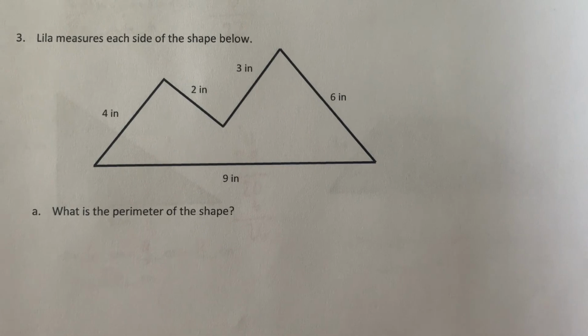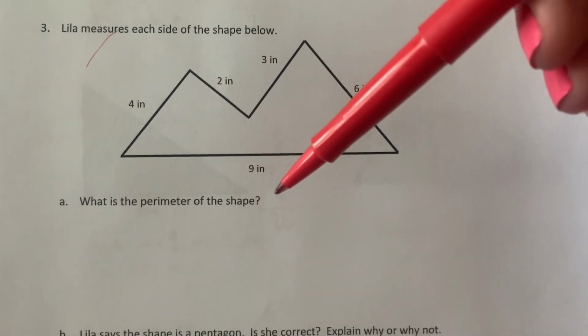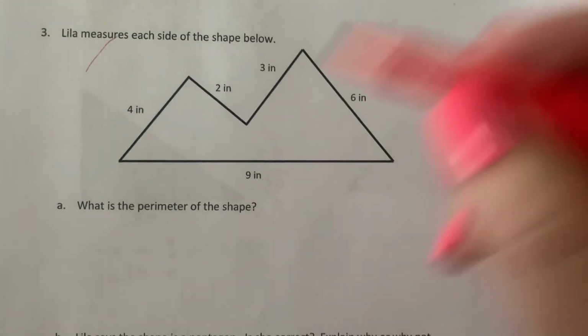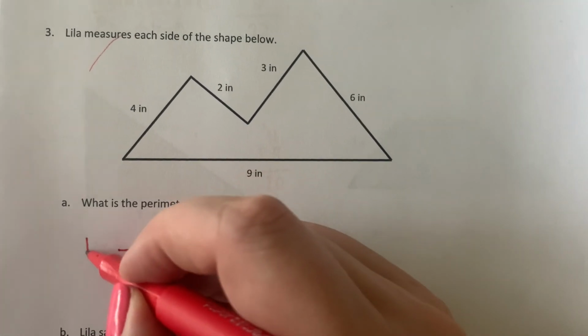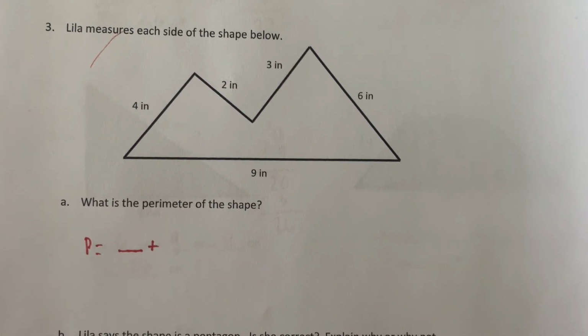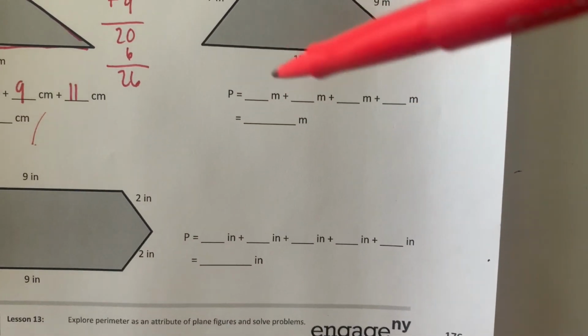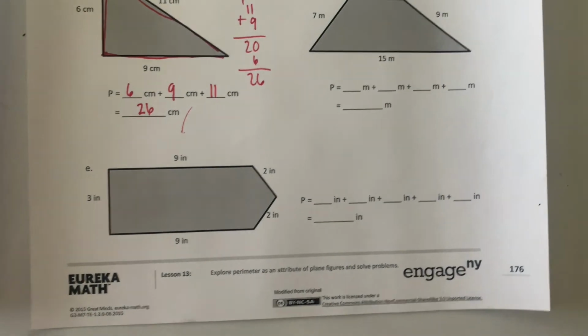Okay? You are taking care of this whole problem. So when you do this, I want you to make sure that you're adding the blank, the P equals blank plus, okay, and continue it on. Don't just write out the numbers, okay? Write the whole thing like we have here, okay? So go ahead and do that, come back, and I'll give you the answers.